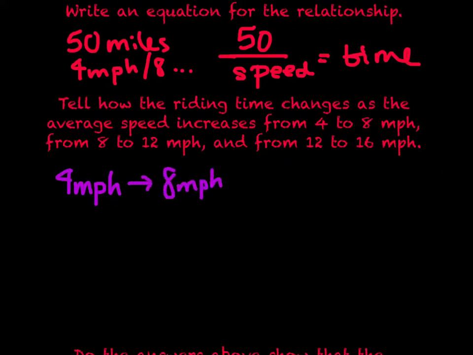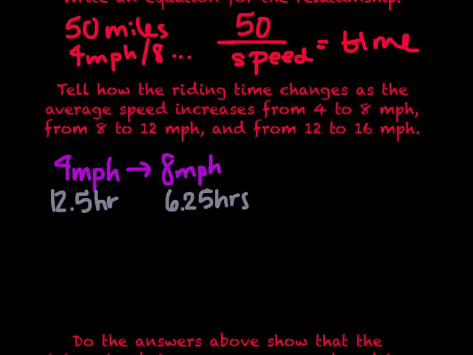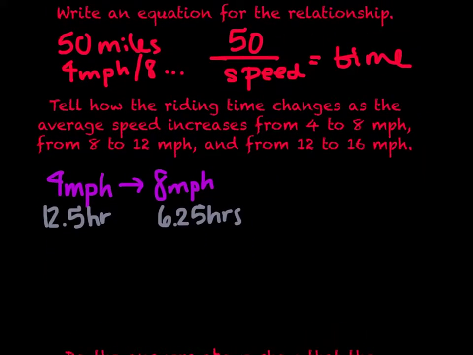So for 4, we are at 12.5 hours, and for 8 we are at 6.25 hours. If this was linear, if this increased by 4, I would want to see a constant change here. So I see a decrease of 6.25 hours.